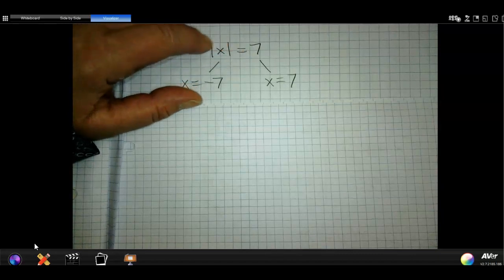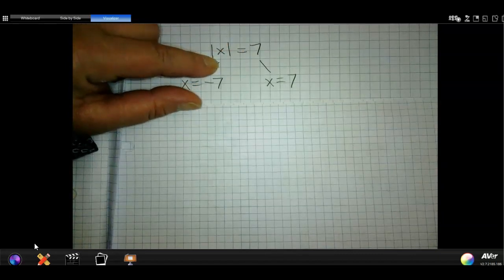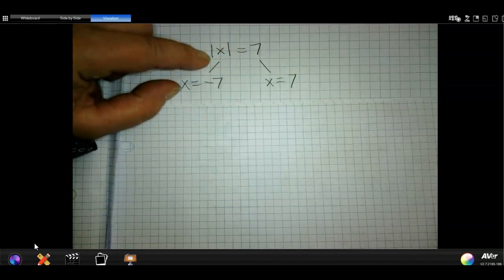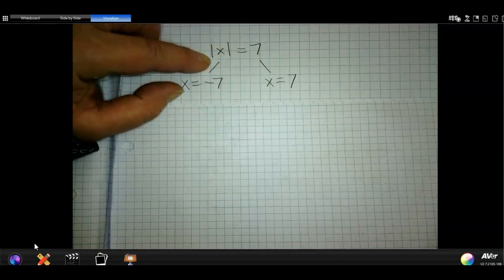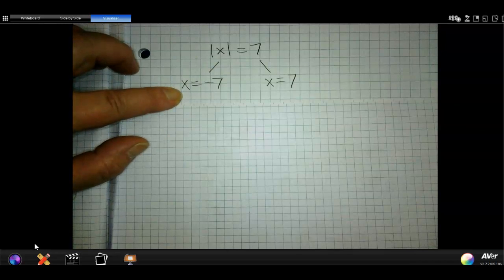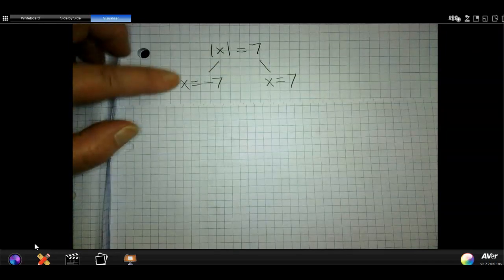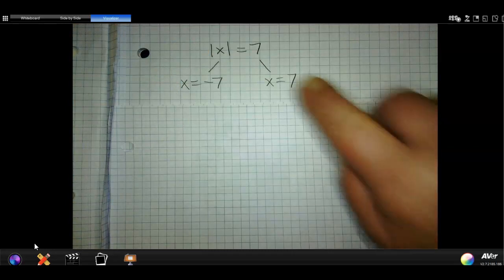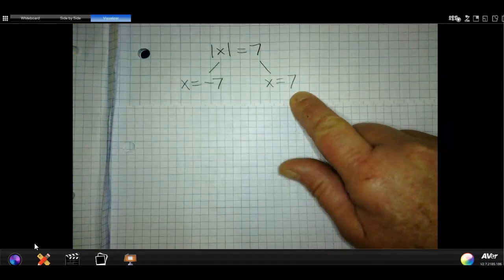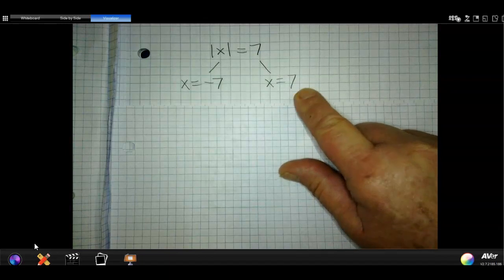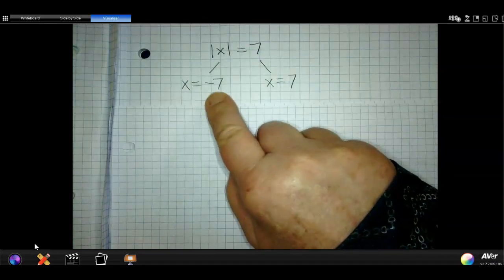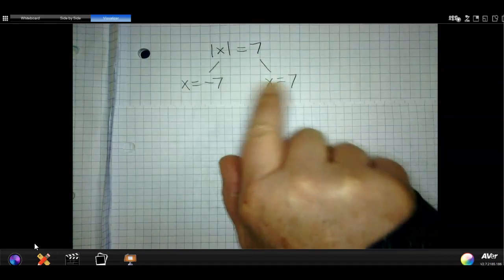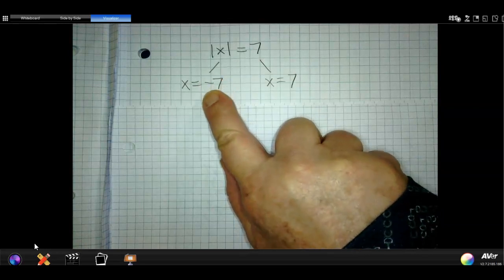Right now we're looking for other things on the outside. So the minute that you have your absolute value part isolated, in this case, you can just graph it. Okay? So here we have 7, which is the positive side. And then we're also going to have negative 7, which is the opposite side of the number line.